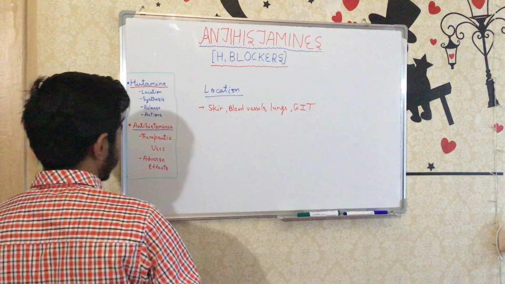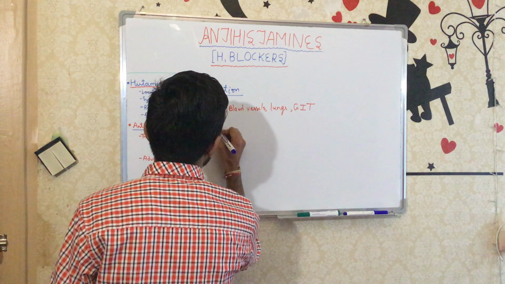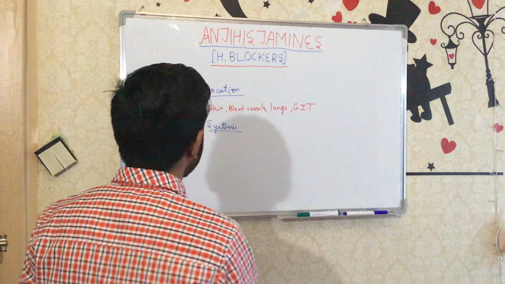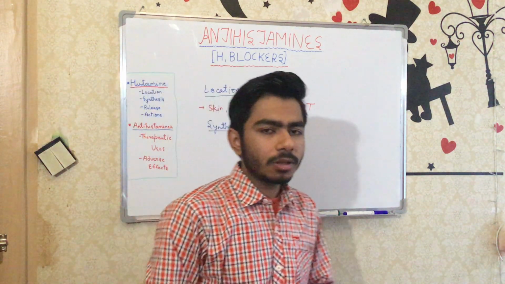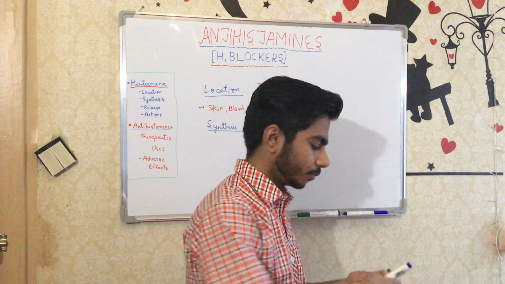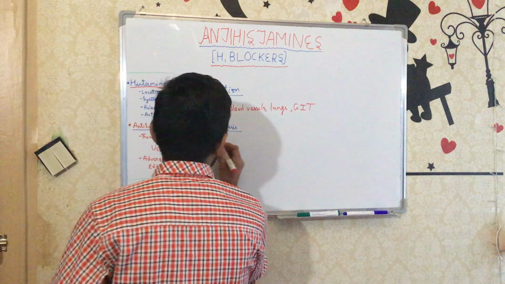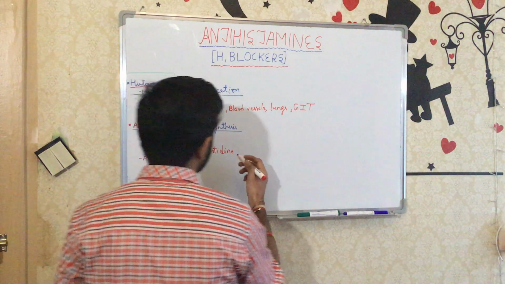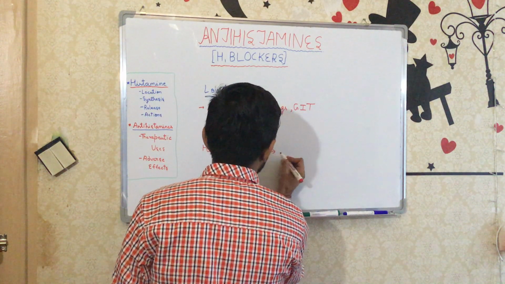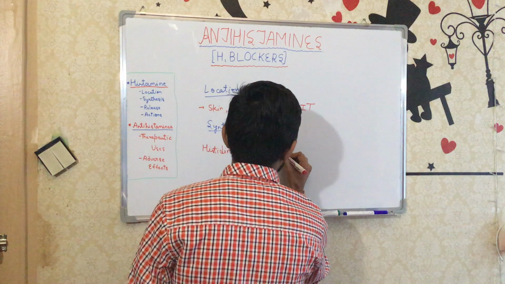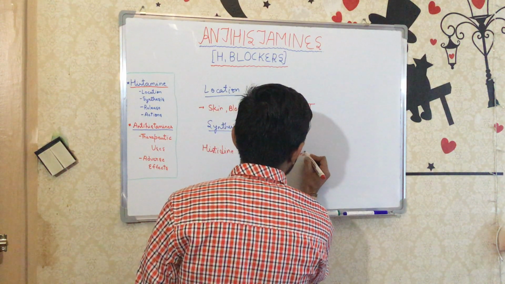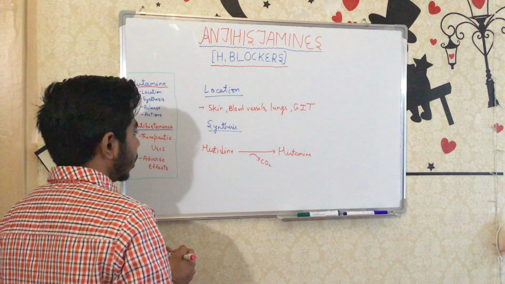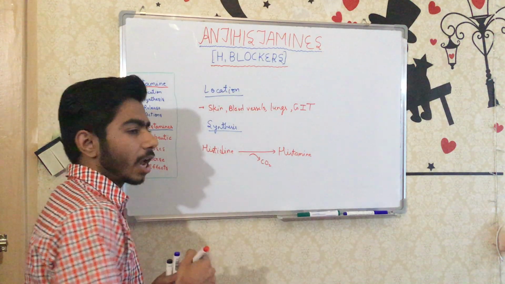Now let's talk about the synthesis, which is really important to know: how histamine is synthesized in our body. Histamine is produced by the decarboxylation of the amino acid histidine. So here is histidine, an amino acid. Histidine is converted into histamine by decarboxylation, the removal of carbon dioxide, and this process occurs with the help of an enzyme.